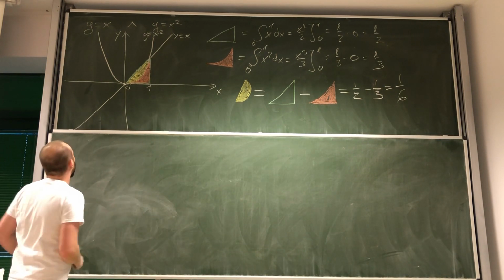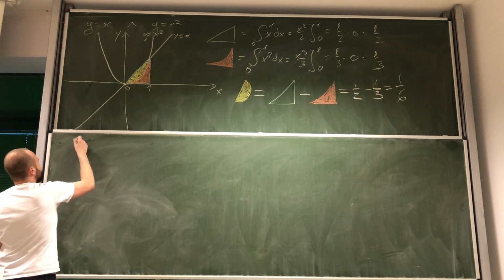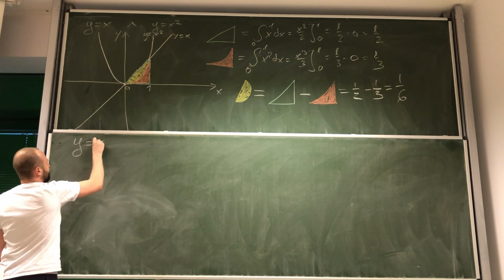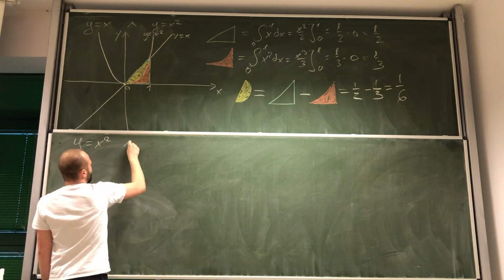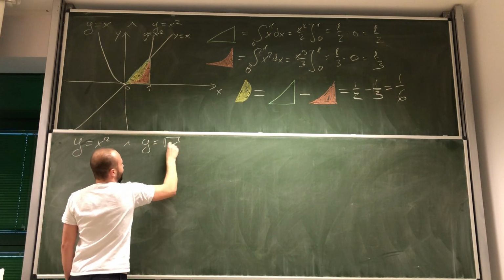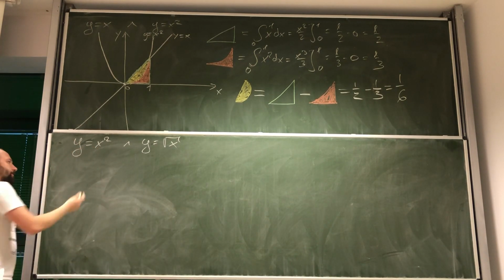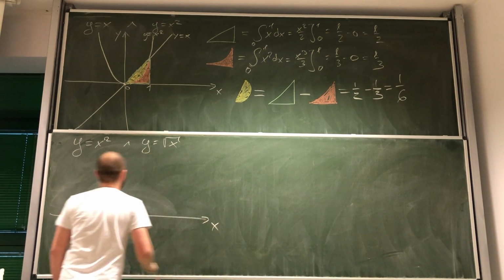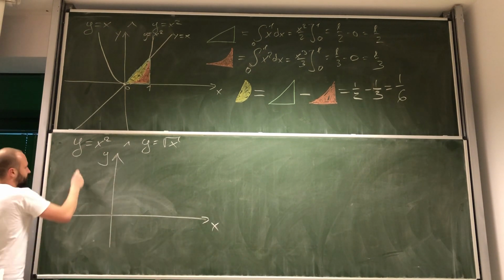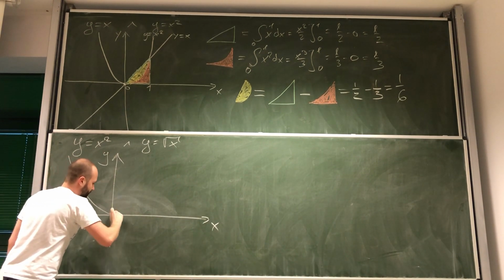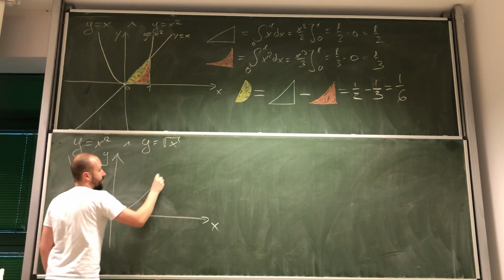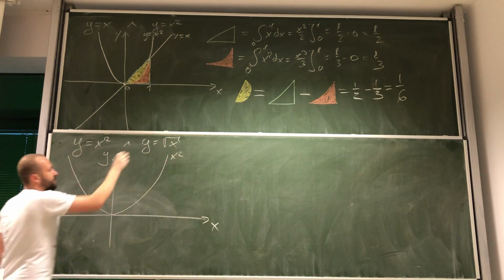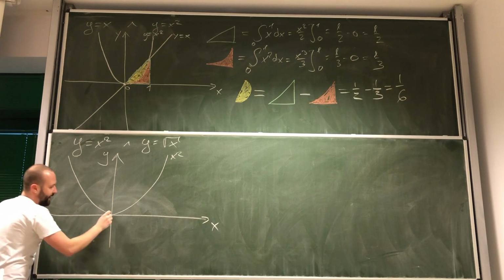Okay, so what do we need to do? The functions we've got are y equals x squared and y equals square root of x. So we've got x, y, and y equals x squared and y equals square root of x.